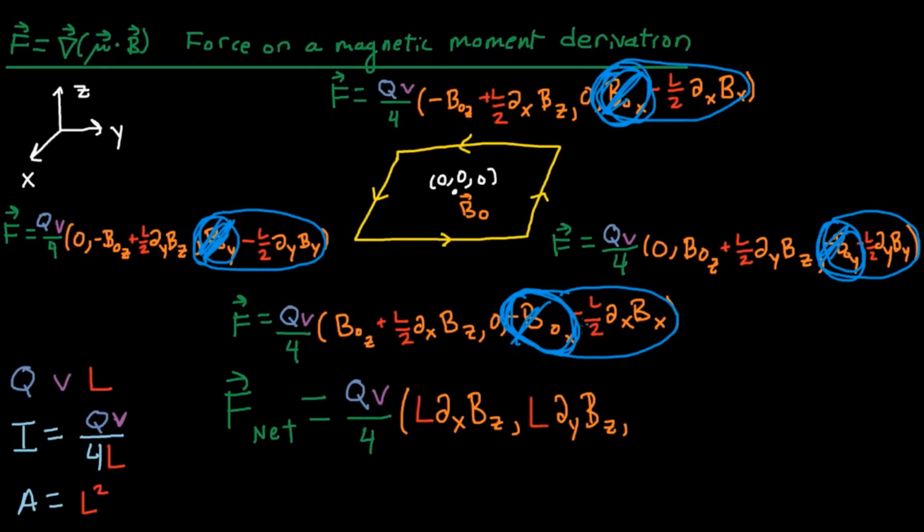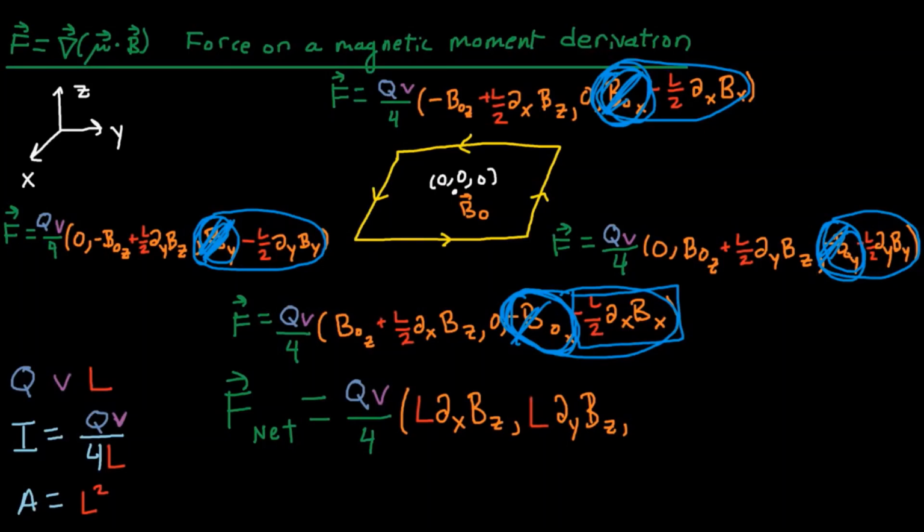But here notice that we have actually a few terms. So here we have negative L over 2 partial x bx, and that adds with this one right here. And then here we have negative L over 2 partial y by, and that adds with this one right here.